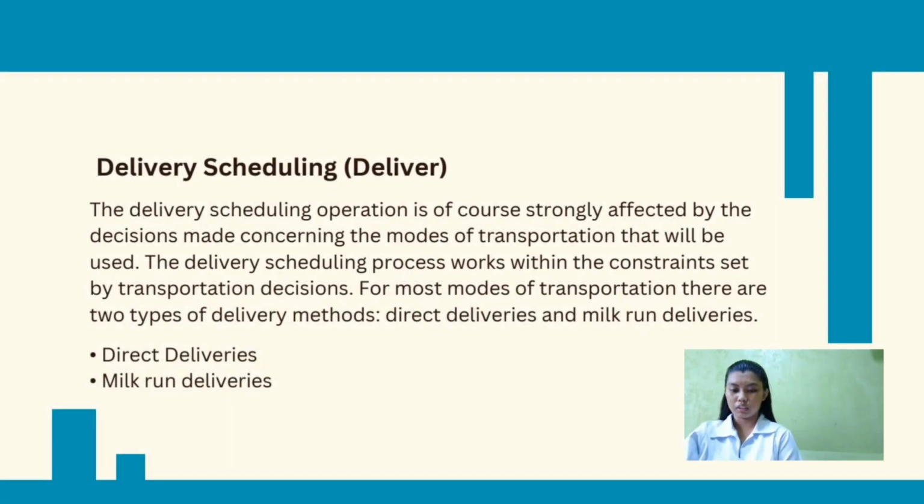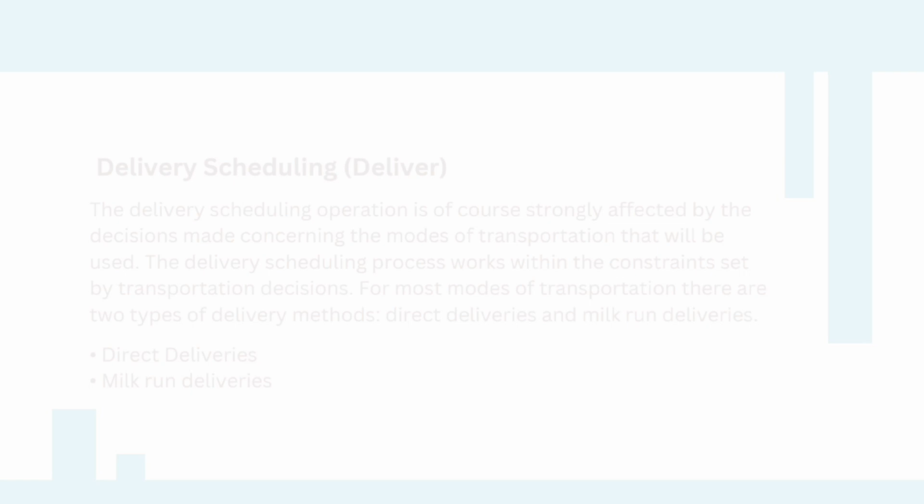Delivery scheduling. The delivery scheduling operation is of course strongly affected by the decisions made concerning the modes of transportation that will be used. The delivery scheduling process works within the constraints set by transportation decisions. For most modes of transportation, there are two types of delivery methods: direct deliveries and milk run deliveries.